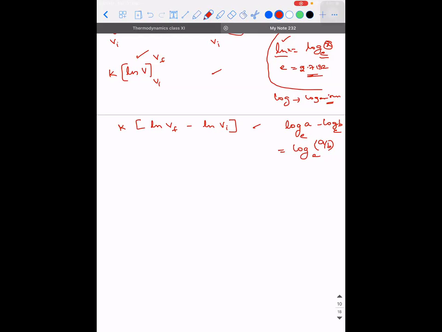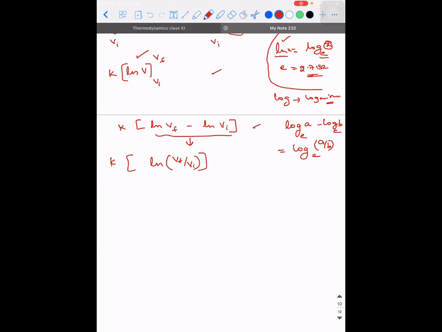Log A base E minus log B base E is equal to log of A by B base E. Have that in your mind. If I apply the same logic here, what will this become? Log VF by VA. Very good. Log VF divided by VA.